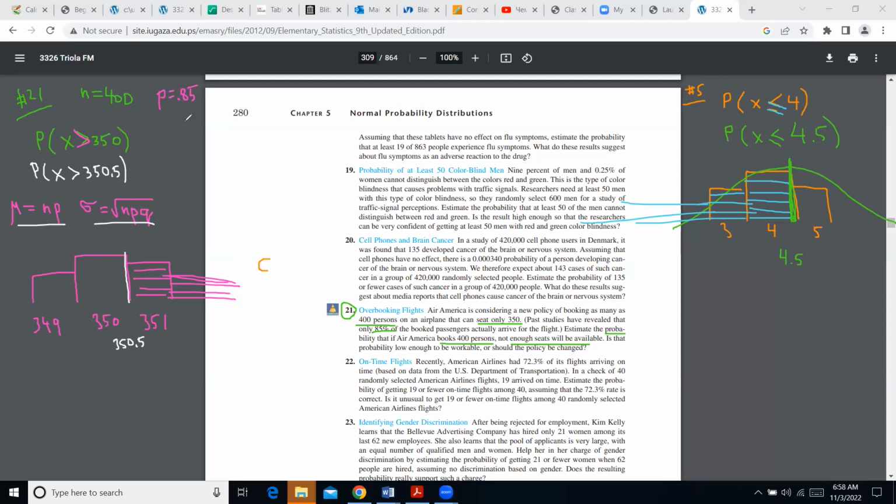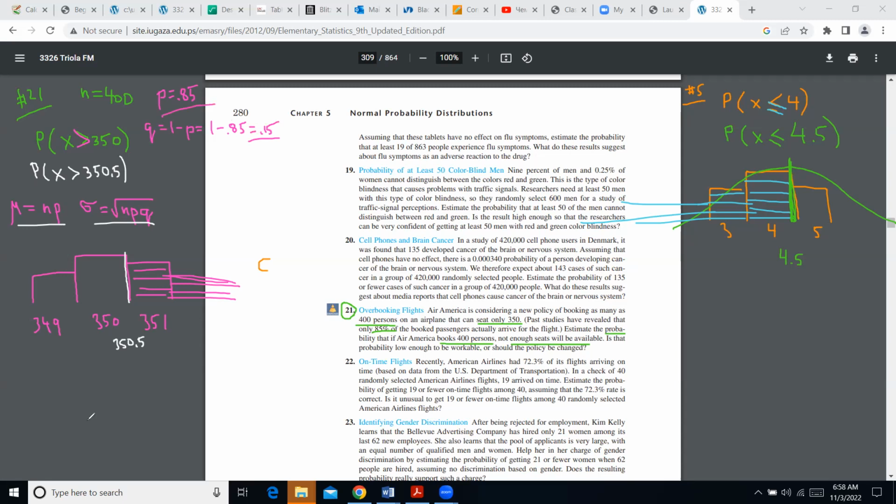Also, I need to recall that q, which is a friend of p, its complement, right, is 1 minus p, or 1 minus 0.85 is going to be utilized, and that's 0.15. So this is my p and q.